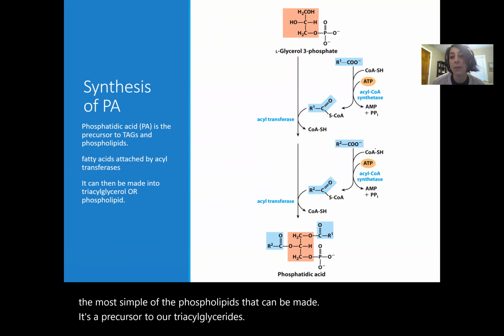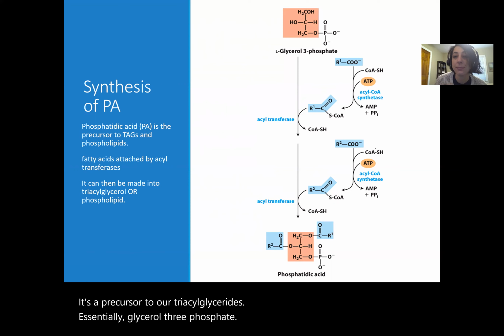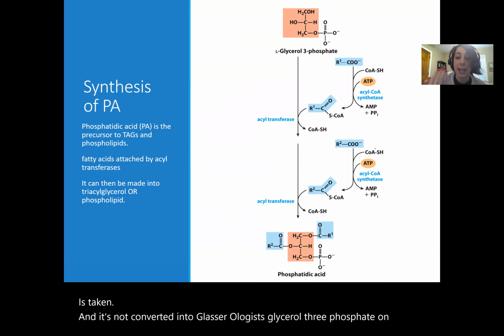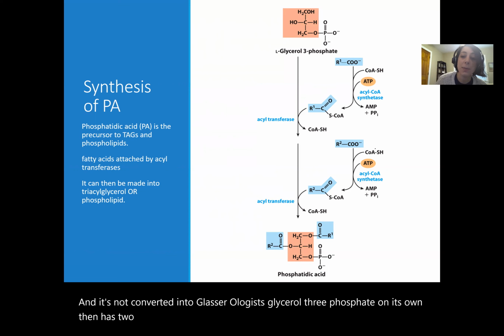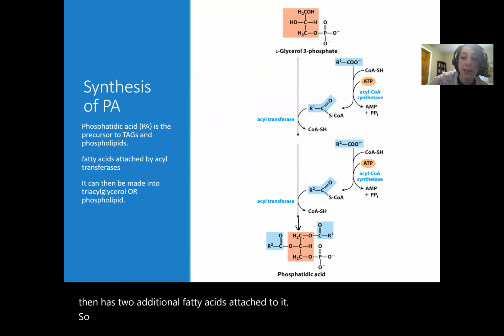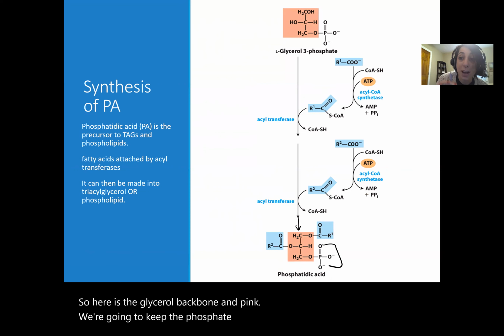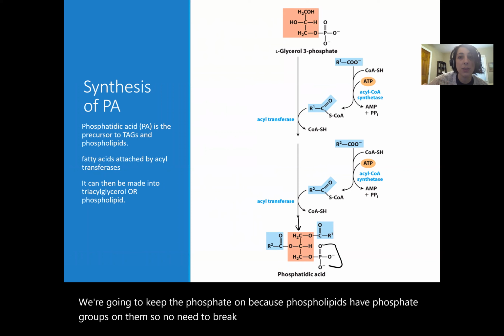Essentially, glycerol 3-phosphate is taken and it's not converted into glycerol, just glycerol 3-phosphate on its own, then has 2 additional fatty acids attached to it. So here's the glycerol backbone in pink. We're going to keep the phosphate on because phospholipids have phosphate groups on them, so no need to break it off into glycerol.